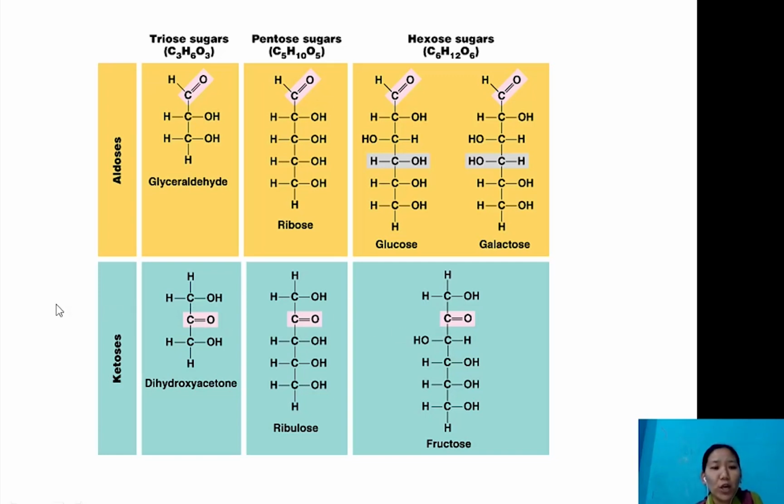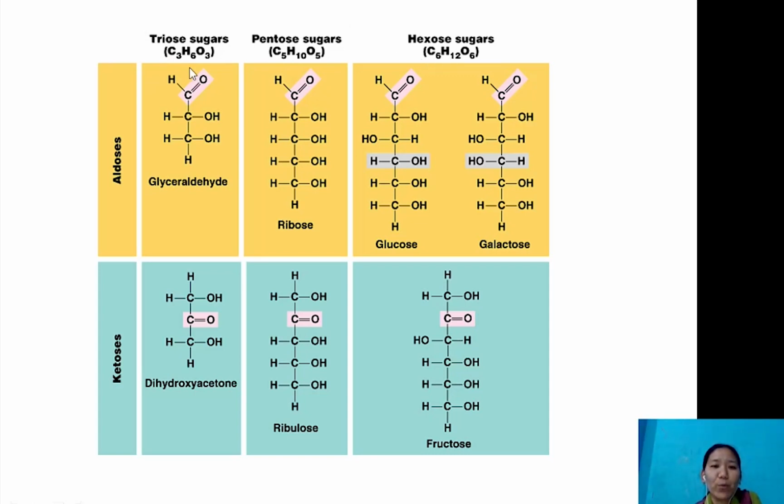So the monosaccharides are classified first based on the number of carbon. If the number of carbon is 3, this becomes a triose sugar. If the number of carbon is 5, pentose. If the number is 4, tetrose, and if it is 6, hexose, and so on.